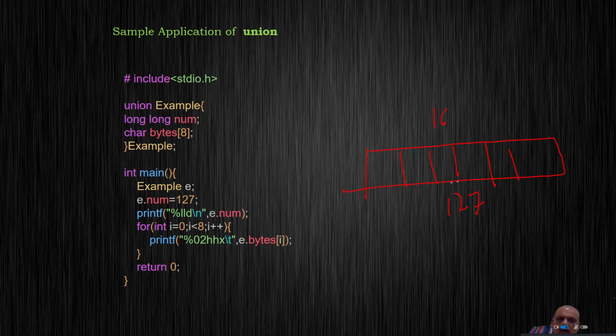Okay, so you do not want to read all the 16 bytes together and get to know what is stored in it. That is obviously 127. You want to know what is stored in each byte of this 16 bytes of memory. So what you can do is you can just print out the value of num. That's fine. That reads all the 16 bytes together and prints out 127.